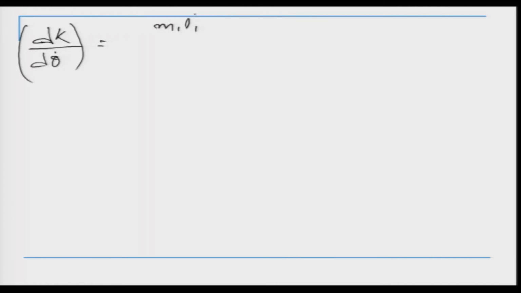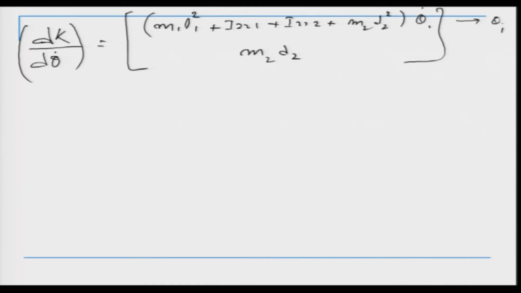So, m1 L1 squared plus Izz1 plus Izz2 plus m2 d2 squared, this is going to become my theta 1 dot, and the second term is m2 d2. Okay. So, here I am differentiating with respect to theta 1 dot, and here I have differentiated with respect to d2 dot. Okay. So, this will be d2.